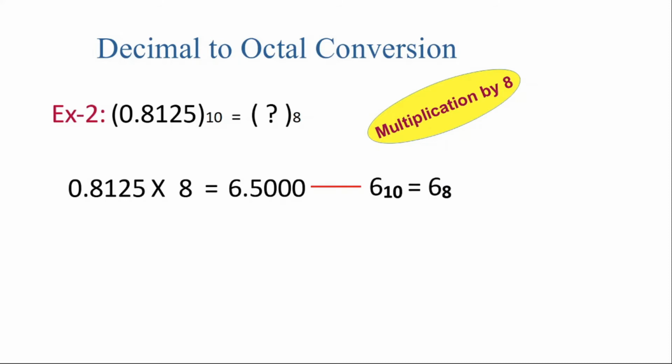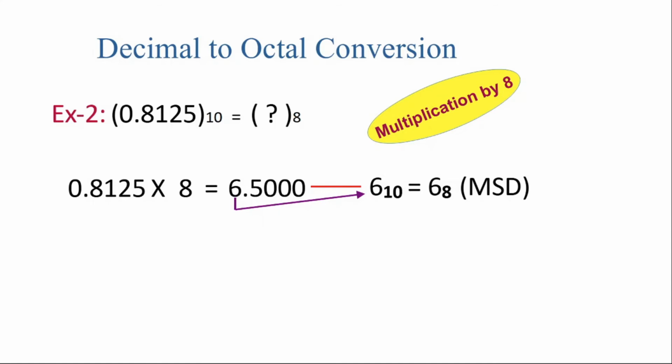Here we have to take the 6, which is an integer. Here this 6 in decimal system is also equal to the 6 in octal system. Now this 6 is known as the MSD.